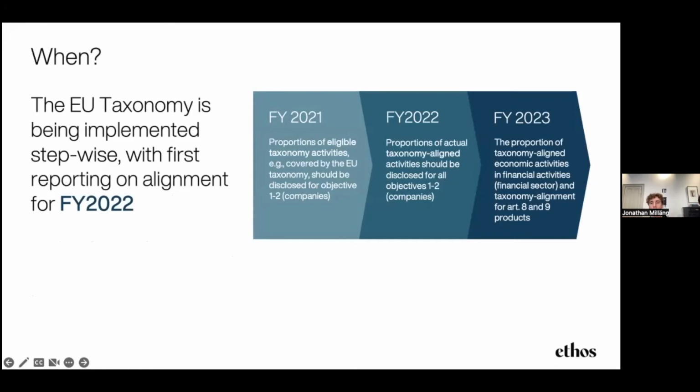So basically the percentage of your taxonomy aligned revenues, capex, and opex over your total revenues, capex, and opex. This will be reported in next year's report for this year's reporting cycle.